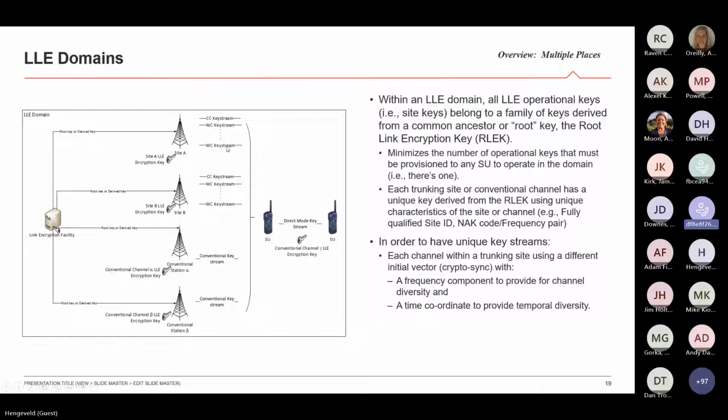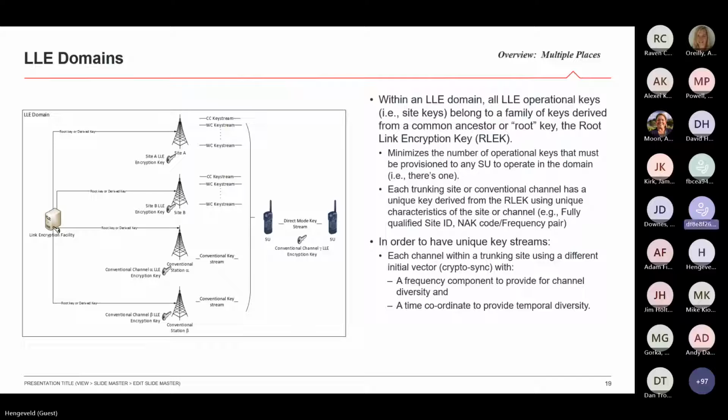So an LLE domain we discussed briefly. The important thing about an LLE domain is that all operational keys within that domain are derived from that common ancestor key, the CLEC or the RLEC, really the RLEC. So the point of it is to minimize the number of keys that have to be provisioned to any particular SU, right?